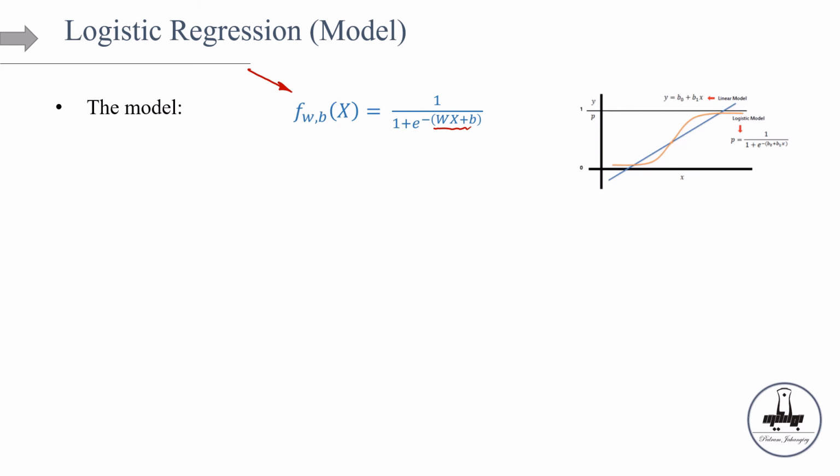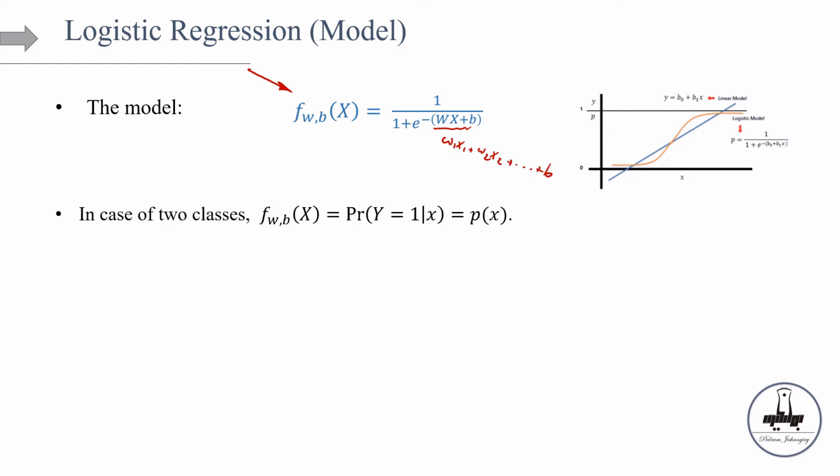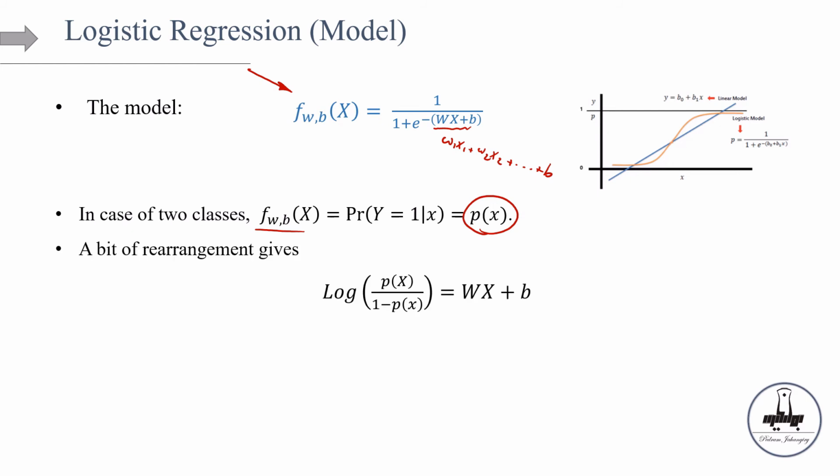If I have multiple features, we can get w1x1 plus w2x2 and so on, plus a bias term, right? In the case of two classes, we know that this f of w and b is going to be equal to the probability of success. So we proved it in the previous slides, right? Now, a bit of rearrangement will give us this log of odds, which is equal to the right-hand side.